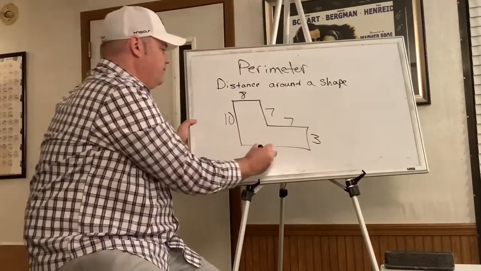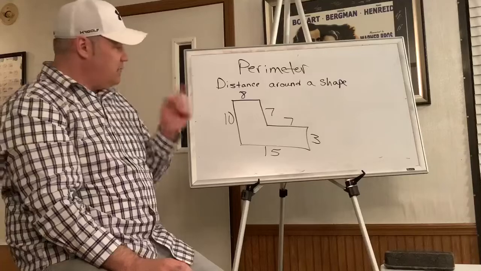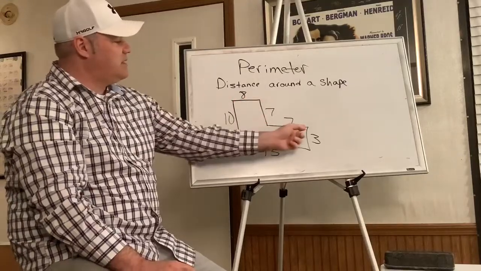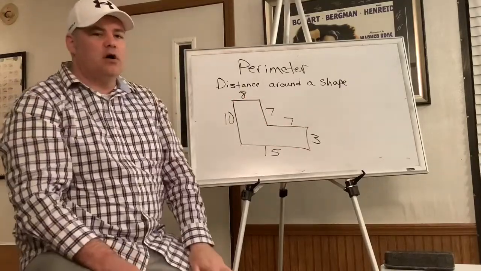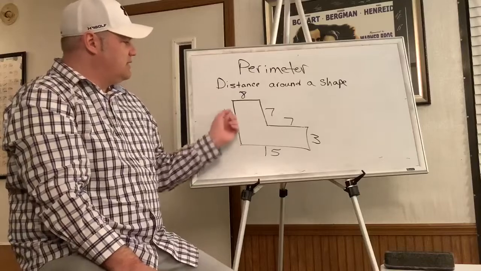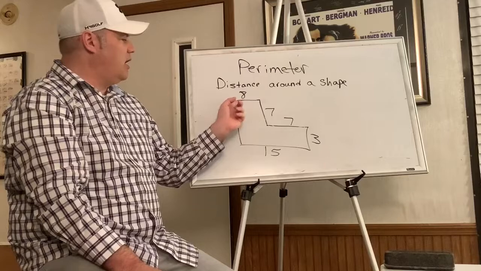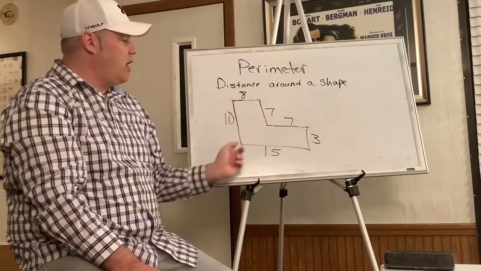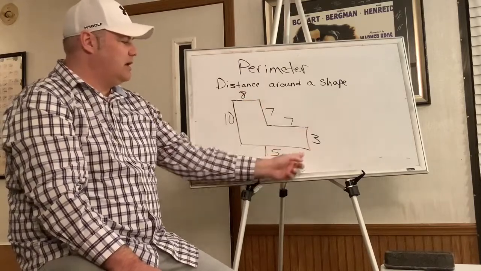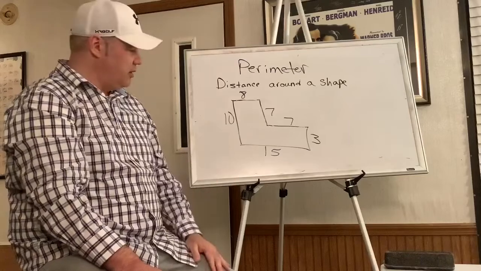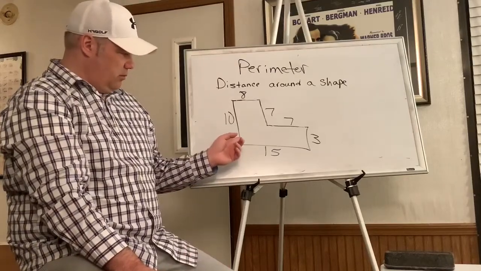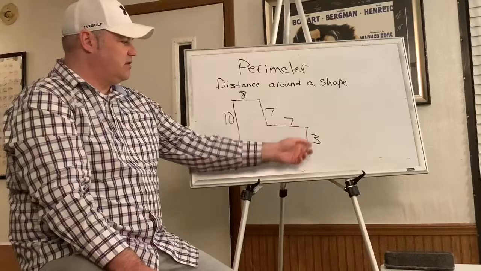So here's this shape. You go 10, 8, 7, 7, 3, 15. What perimeter is, once again, it's just walking around this distance. Because you have to walk up and then over and then down, you're walking every distance, and that goes into the perimeter. So this one would be 10, 8, 7, 7, 3, and 15.